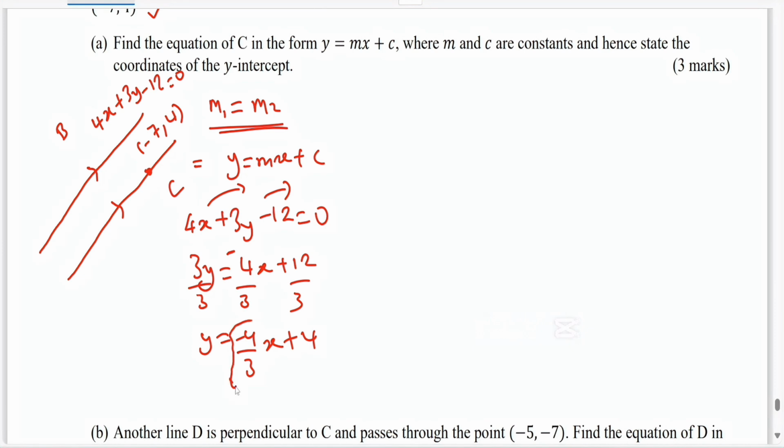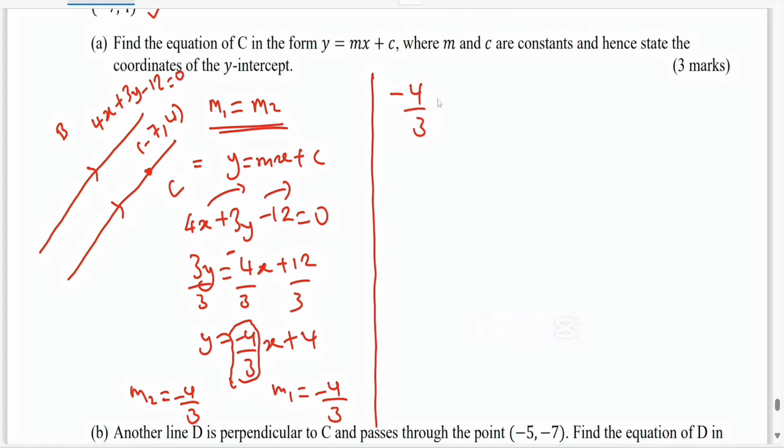This is our gradient. So m1, since it's minus 4 over 3, automatically it means that m2 is also minus 4 over 3. Sorry, let me just grab this and write it a good line. So since wajua m2 yetu, sasa m2 ni minus 4 over 3, and your point ni negative 7, 4.